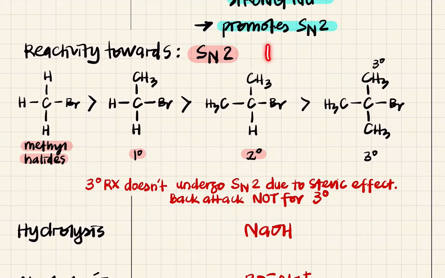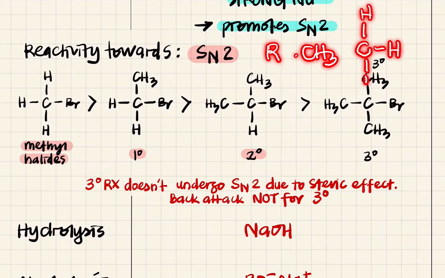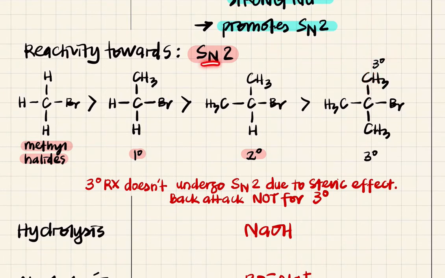If you have an alkyl group, okay, macam CH3, okay, this CH3, it actually takes a lot of space. So maksudnya awak punya molecule kalau ada banyak R group, dia akan jadi sterically hindered. Jadi dia tak boleh undergo Sn2, okay, sebab awak akan ada back attack, okay.